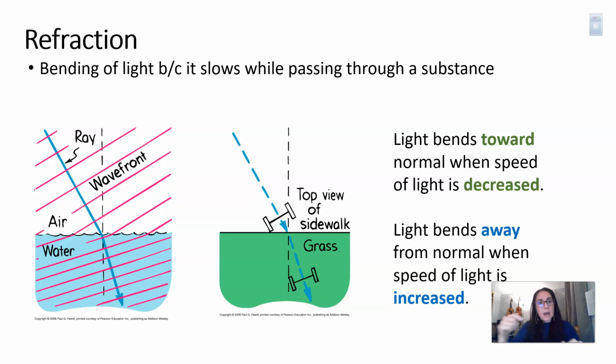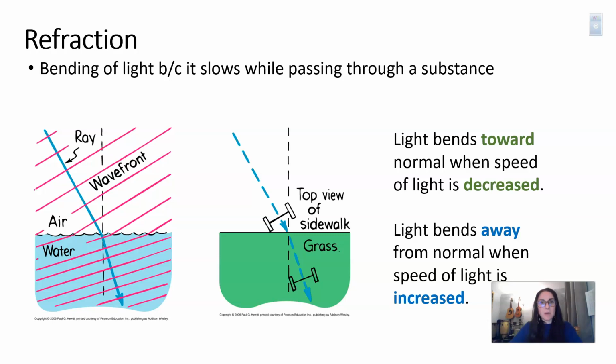When it enters the glass, because it's more dense, the light bends, especially if it comes in at an angle. The more dense the glass, the more the light will bend. That's really important when it comes to glasses.